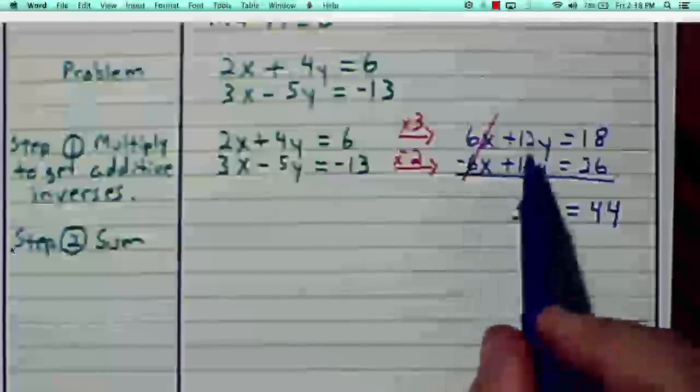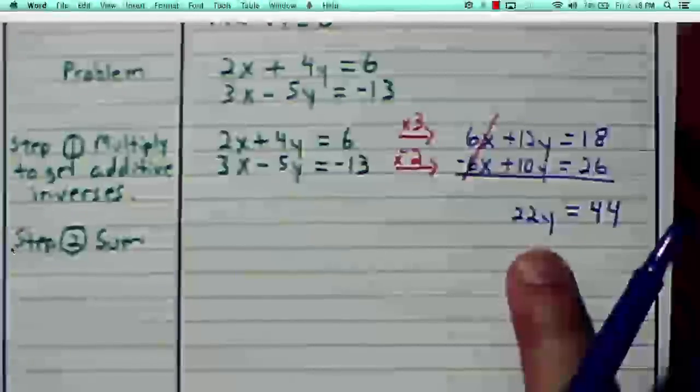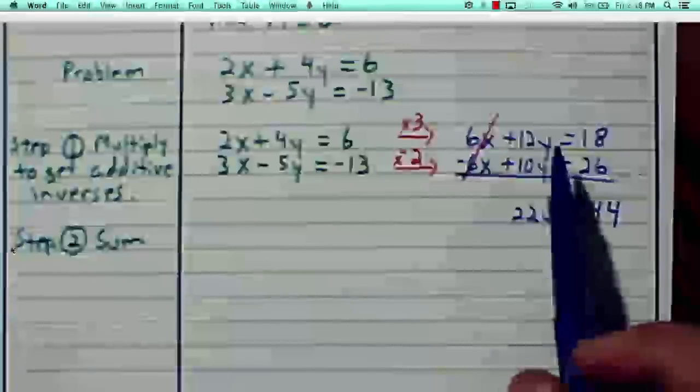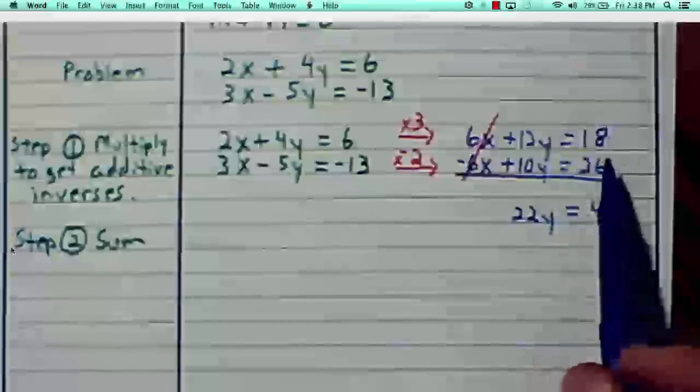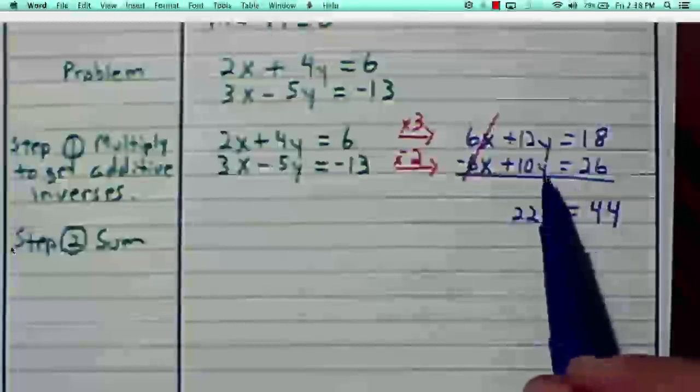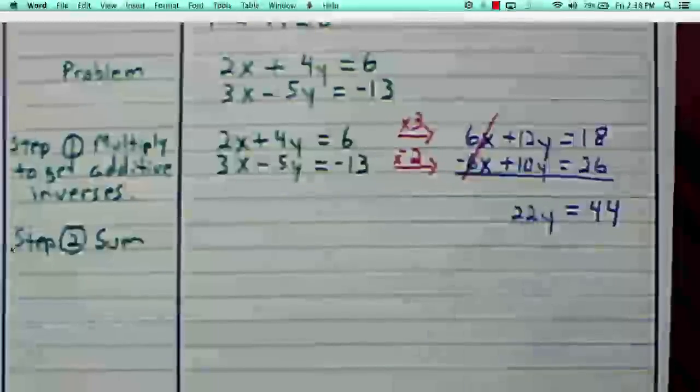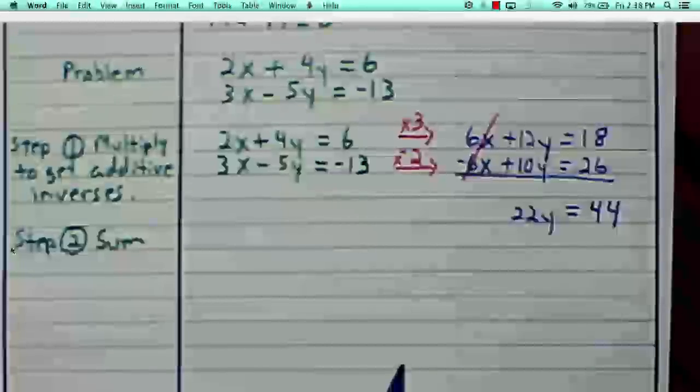So I simply added these two equations together, which is perfectly legal. If we think about what we do to an individual equation, we say whatever we do to one side we do to the other. Well, since the left and the right sides are equal, it makes sense that we could add two equations.